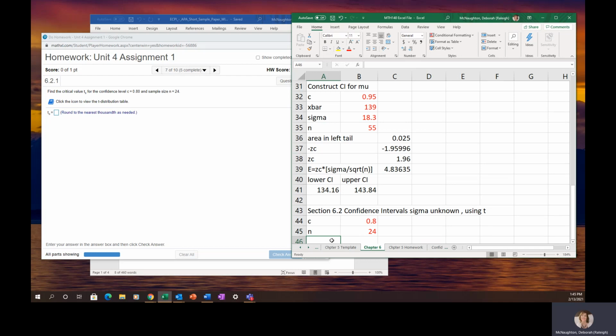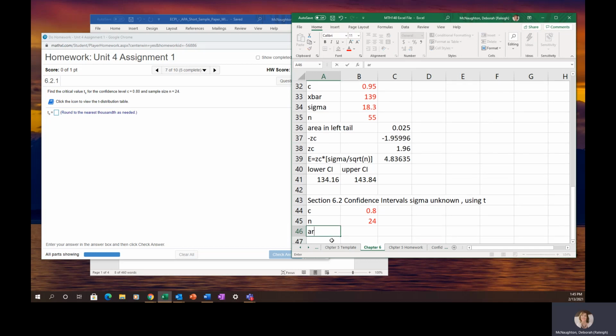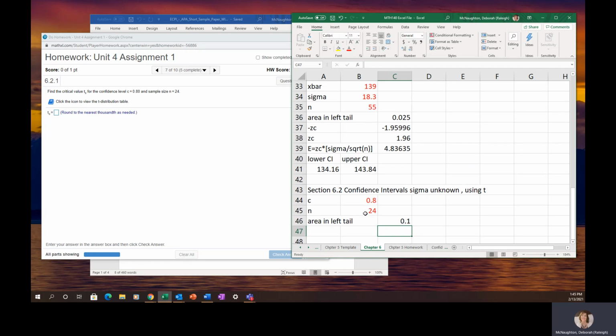Okay, so first of all, we need to know the area in the left tail. The area in the left tail is 1 minus the confidence level, divided by 2, right? So the area in the left tail is 0.1.